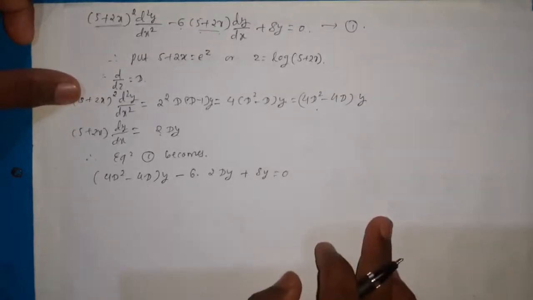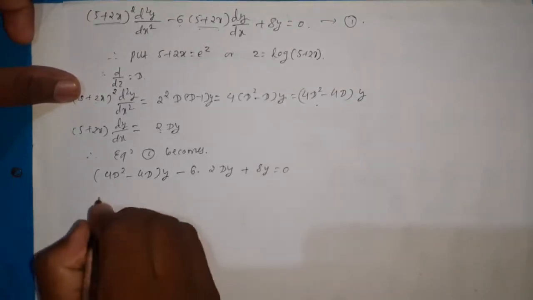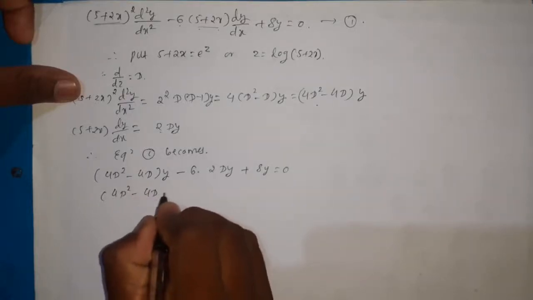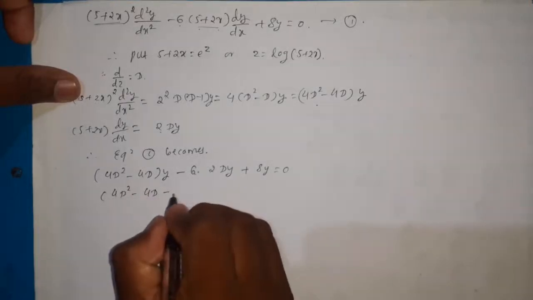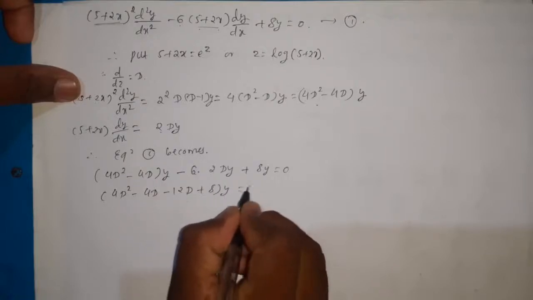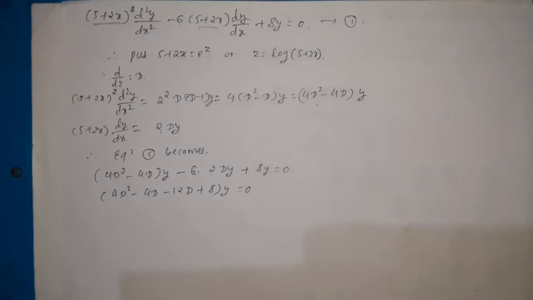Now take y common from each term: (4D² − 4D − 12D + 8) y = 0. Then 4D² − 16D + 8 is multiplied by y equal to 0.